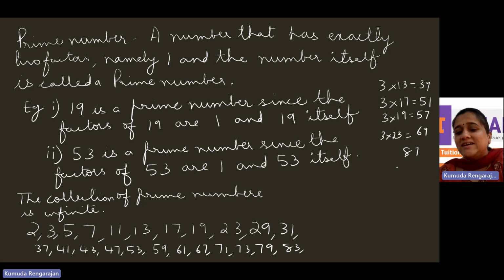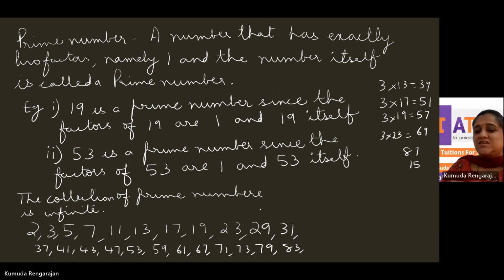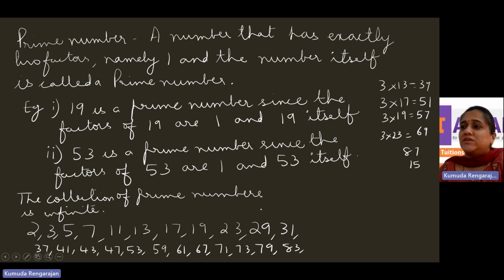See, just check this out. Sum of the digits, 15. It's divisible by 3 then. For 3, just add the digits. What's the result? 15. Is 15 a multiple of 3? 3 5s are 15. Yeah. Then 87 also will come in the table of 3.